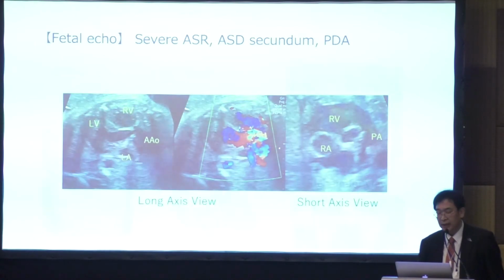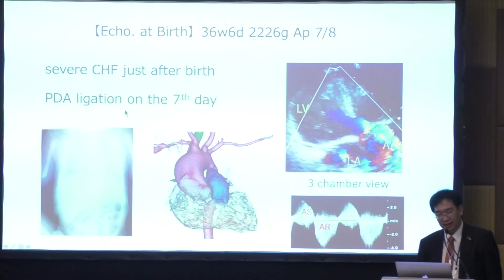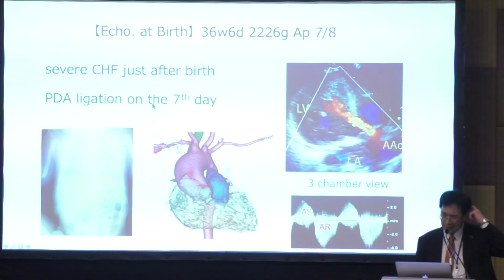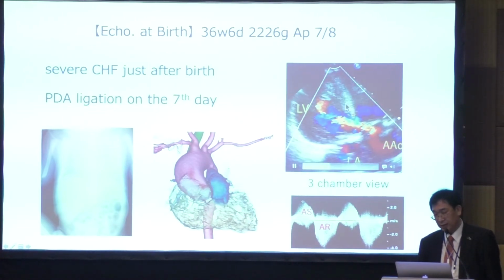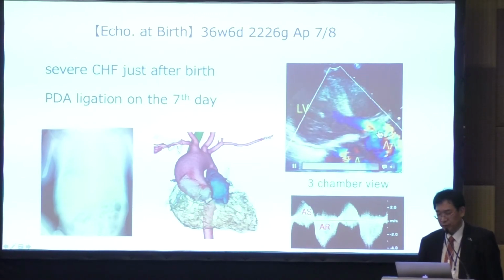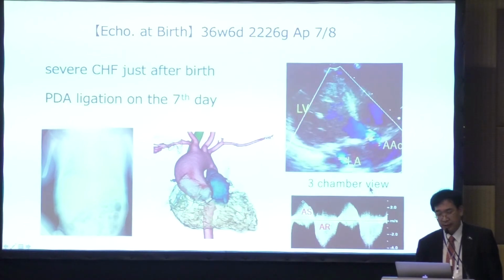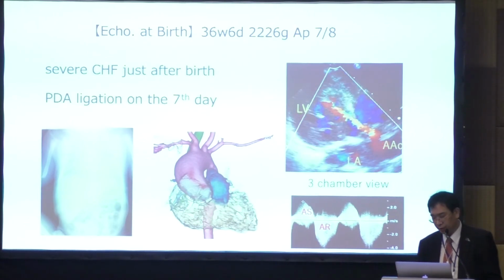However, this patient could get a BAS, and PDA ligation was made on the 7th day. Even after that, the aortic valve condition was severe stenosis and severe regurgitation, so the patient could not keep the circulatory condition.